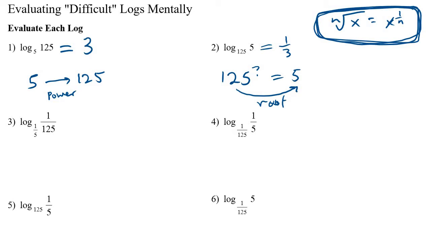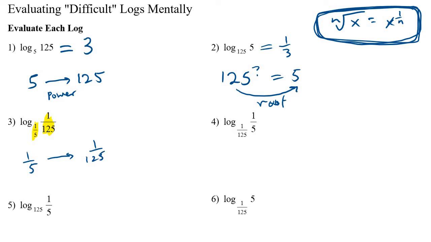All right. Now, let's look at number 3 on this page. This time we're going to find the log to the base of a fraction that will give me another fraction. Well, it's still the same principle. I'm going to go from 1/5 to 1/125.